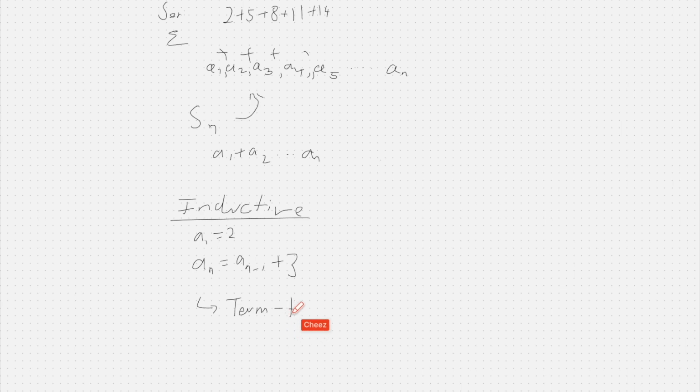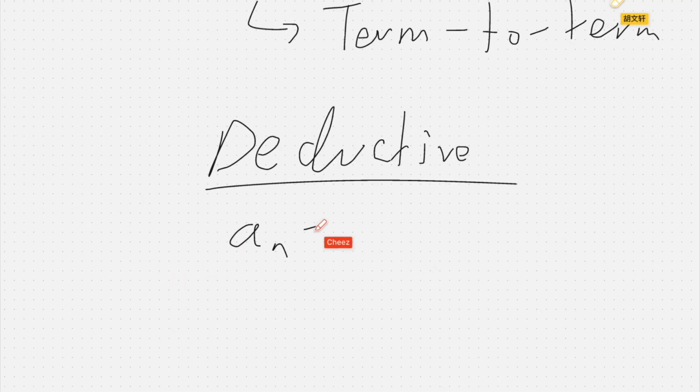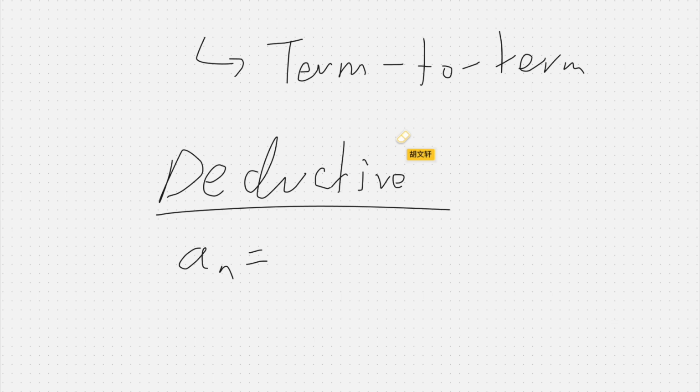The second main definition of a sequence is the deductive definition, which is position to term. You define each term directly using its position in the sequence. So, for instance, we make a_n relative to n instead of relative to a_(n-1).